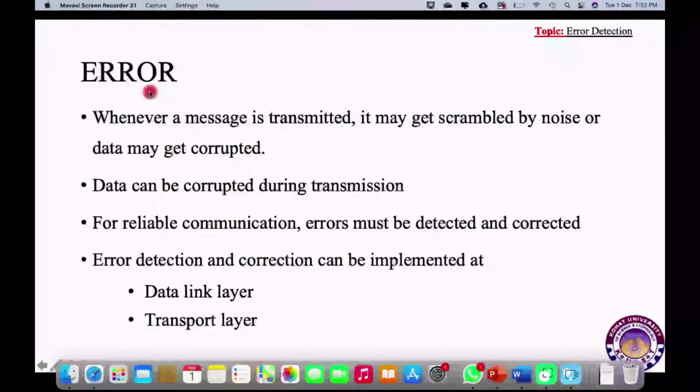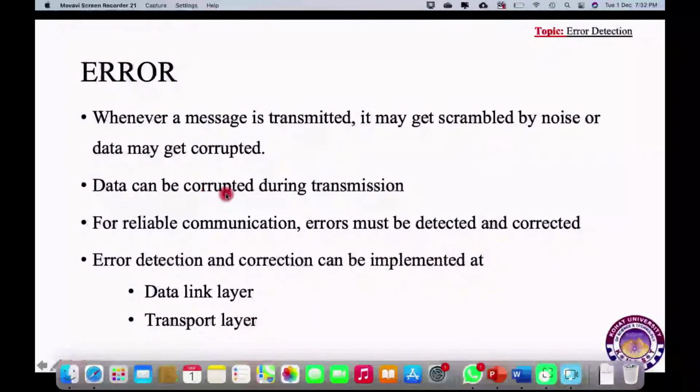Okay, let's start with error. Whenever a message is transmitted, it may get scrambled by noise or data may get corrupted. If the transmitted bits are changed or lost, then we can say that the transmitted data got corrupted.